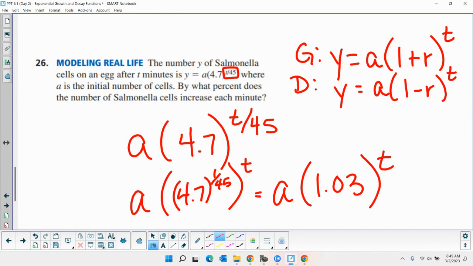Usually we wait till we see it when it's T. That's bigger than 1, so it's a growth problem, right? And how much above 100% is that? 3%. So it's a 3% increase. And we knew it was an increase. It told us in the problem, I guess. So each minute, salmonella cells increase by 3%.